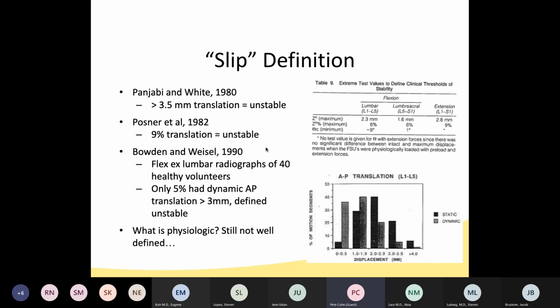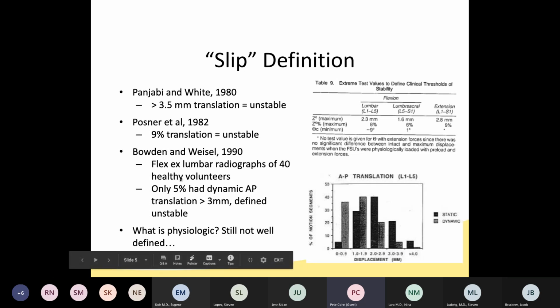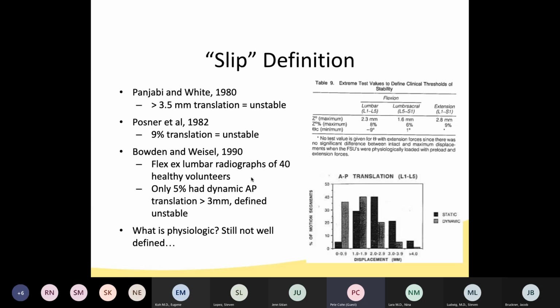So they argued that if 25% of our patients have that much translation, they can't all be unstable. They introduced the idea that the dynamic instability you would see on a flexion and extension view, a greater than 3 millimeter change on those dynamic views, was maybe a better definition of what's unstable, since only about 5% of patients had that dynamic instability greater than 3 millimeters in their asymptomatic cohort.